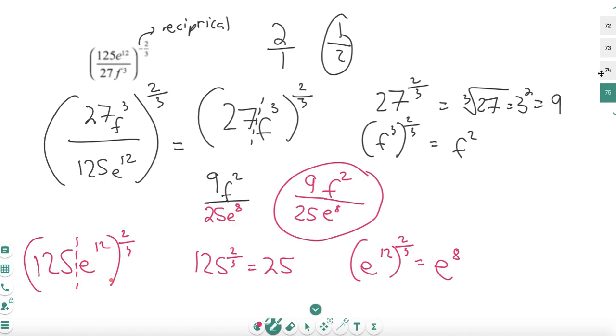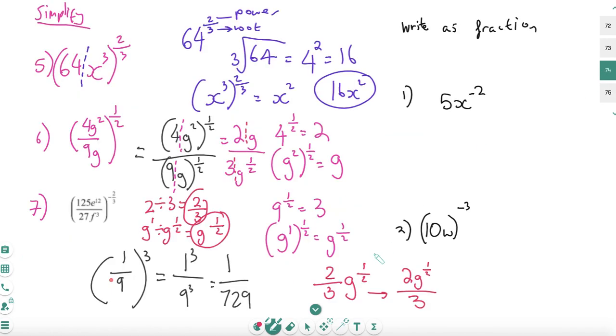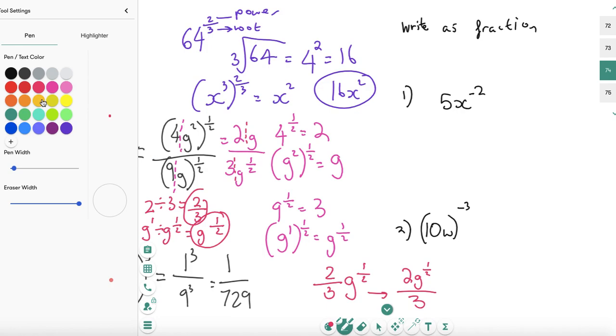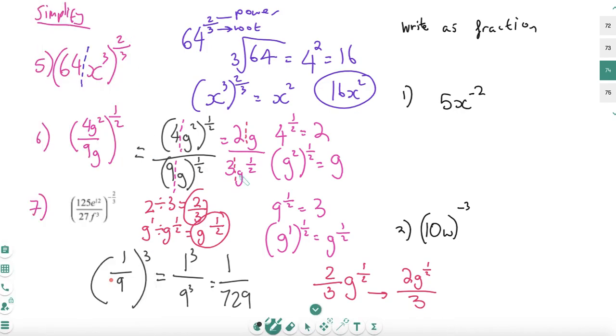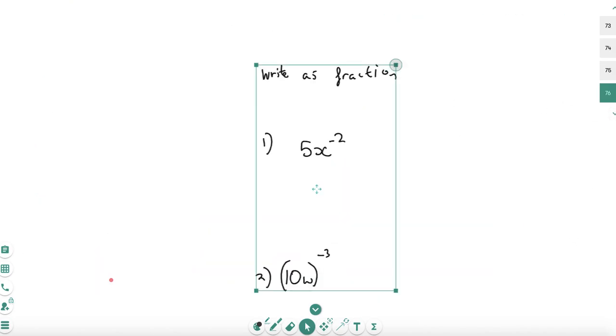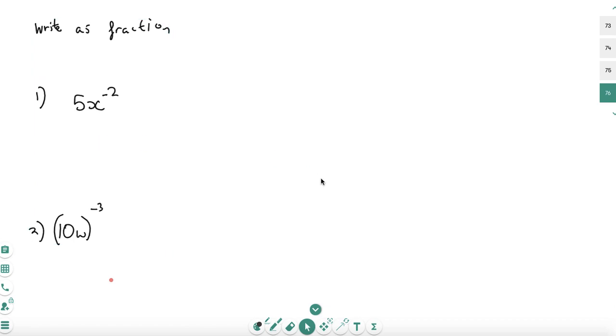I just want to draw your attention to one small section here. Let's put this on the next page actually. Write 5x to the power of -2 as a fraction. A common mistake people make is this.